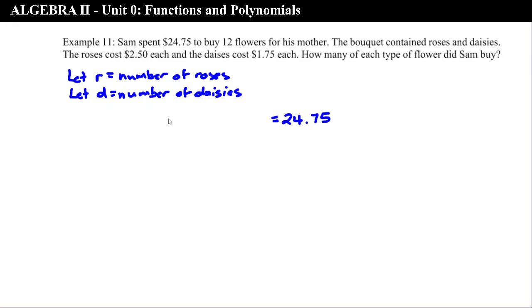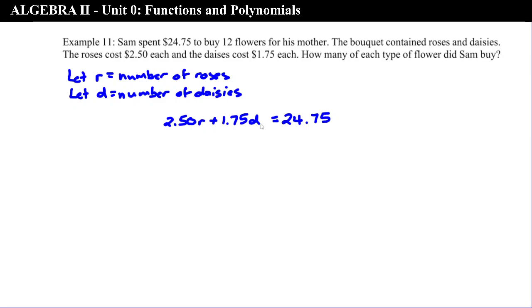So we can say that he spent $2.50 each on however many roses he bought. So we multiply it by the number of roses, which is r. Then we do the same for daisies. They cost $1.75 each. And he bought some number of them, so we multiply that cost for each daisy by the number of daisies he bought, which is d.